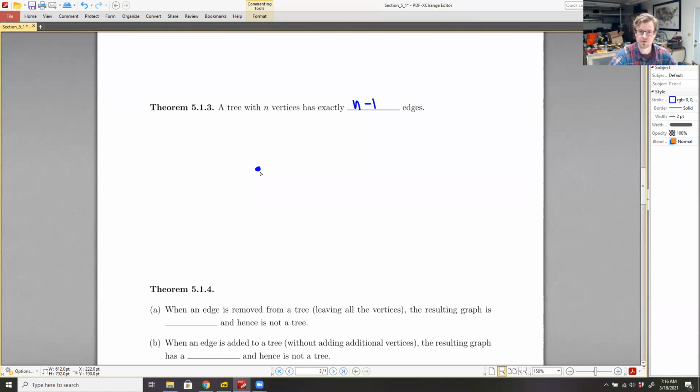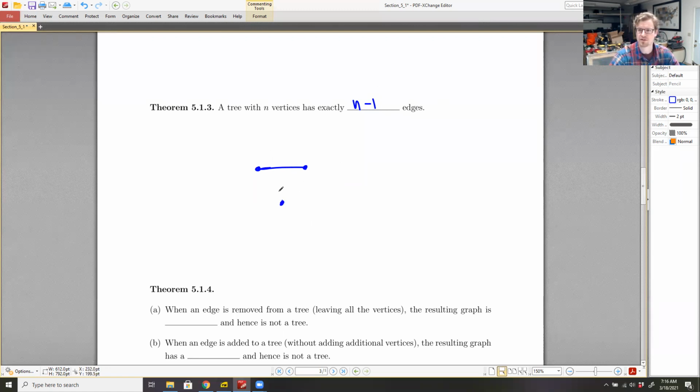So here's a graph with 1 vertex, there's 0 edges. Sorry, there's a tree here with 1 vertex and there are 0 edges. That makes sense. 2 vertices, add 1 edge to make them connected. Perfect. Tree with 2 vertices has 1 edge. Tree with 3 vertices, right?